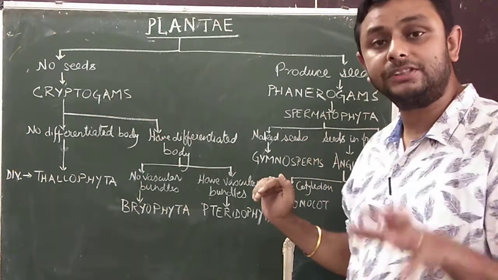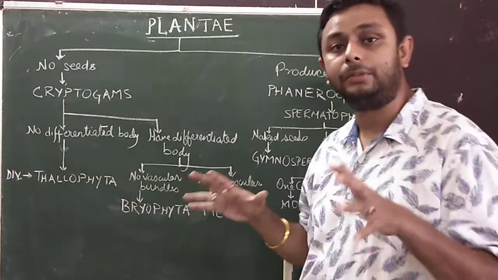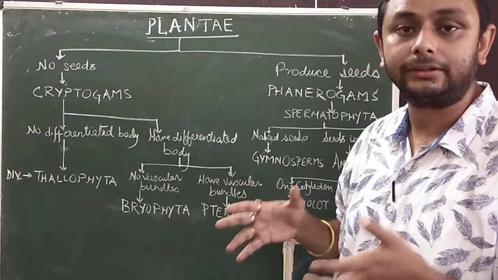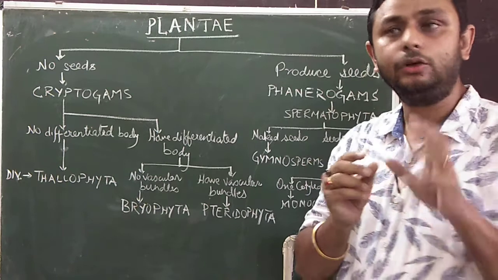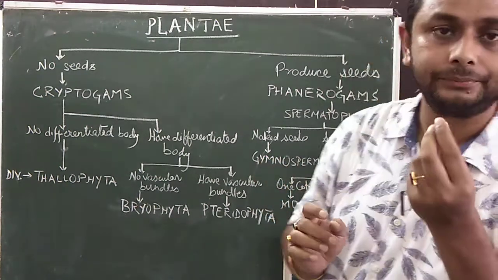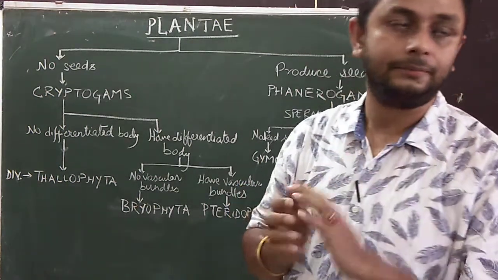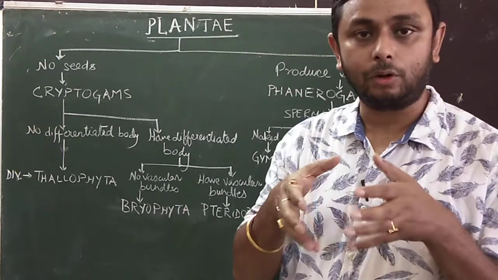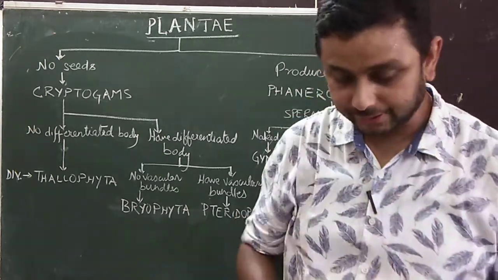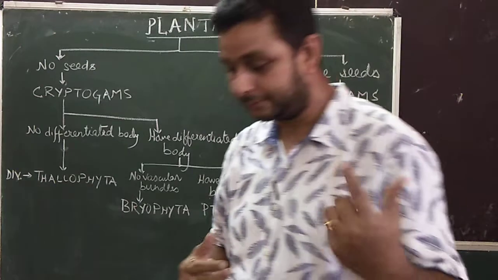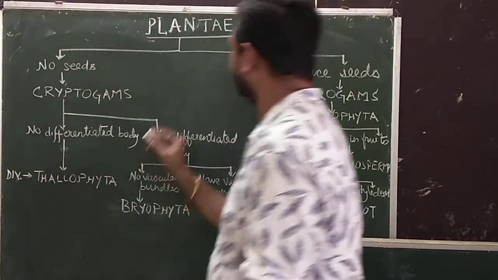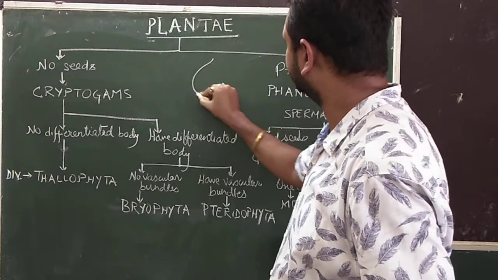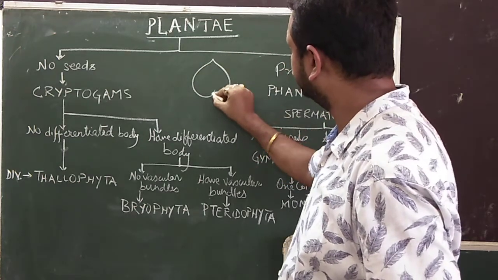Now coming to angiosperms. Angiosperm is the most dominant group of plants presently on planet Earth. When we talk about seeds, you have seen, suppose, a gram seed, the chana dal. Once you soak it in water, you are able to separate the seed into two parts. Okay, just a moment. So suppose this is a gram seed.